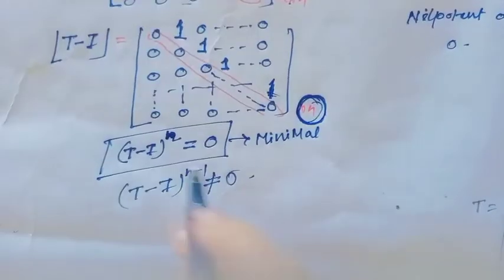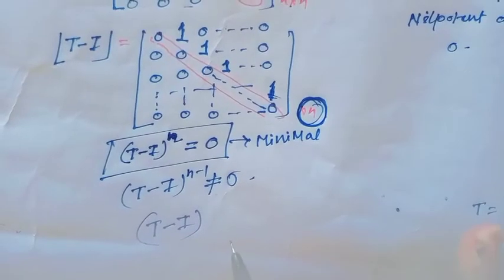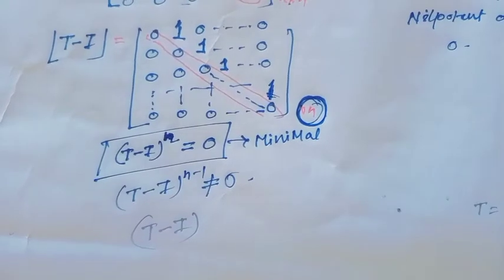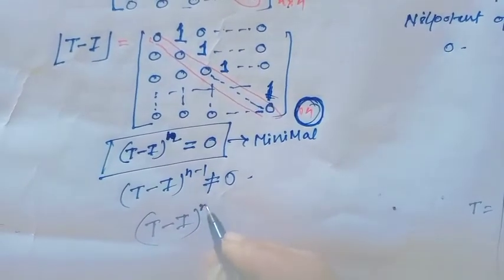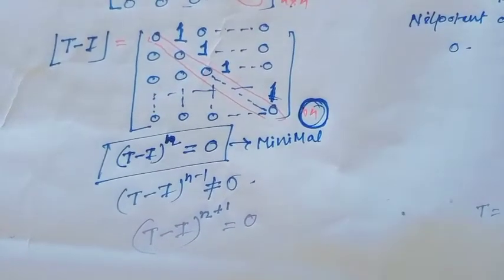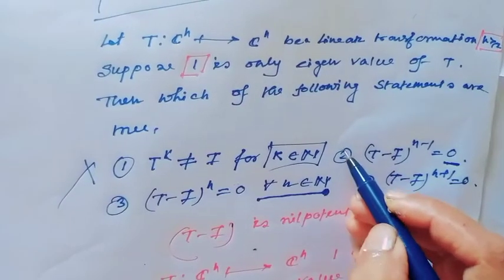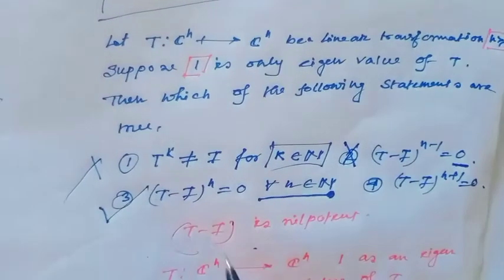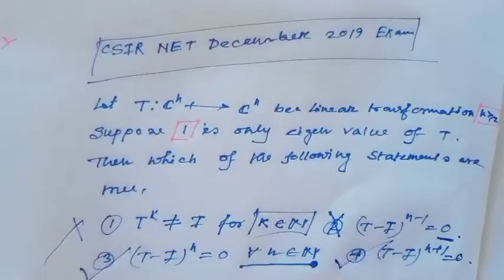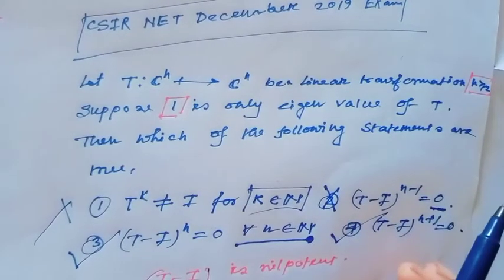So obviously for all cases, since the highest possible degree of a nilpotent operator of index n, (T minus identity) to the power n plus 1 equal to the 0 operator is always possible. That means option 2 is a wrong option and option 3 is also a right option. Option 4 is a right option. Are you getting this question? Well, this is a very conceptual question.